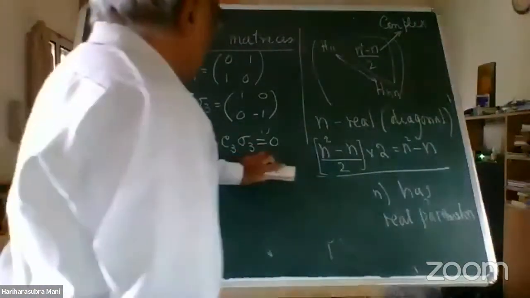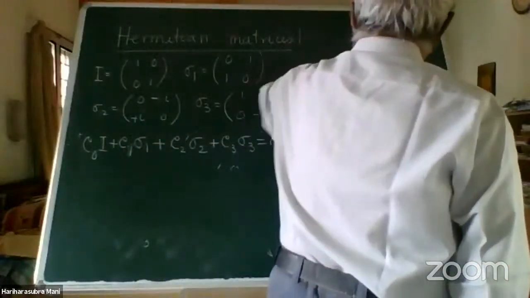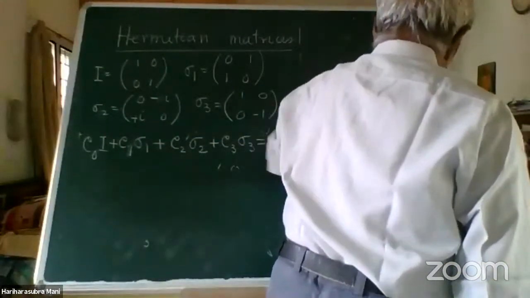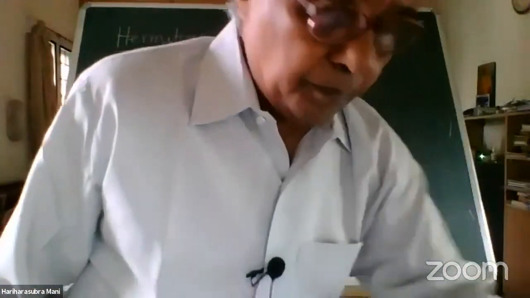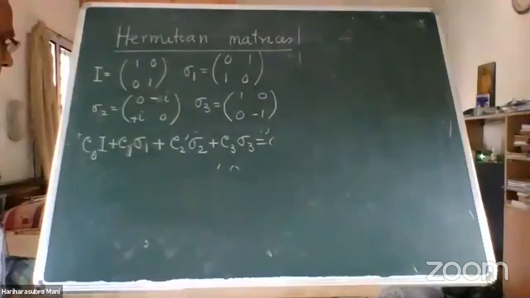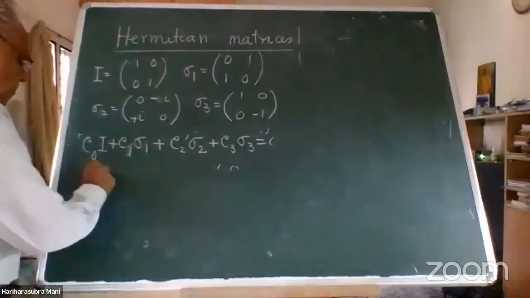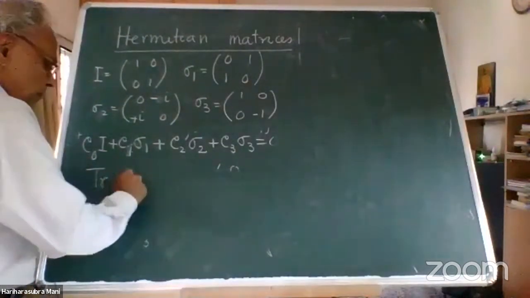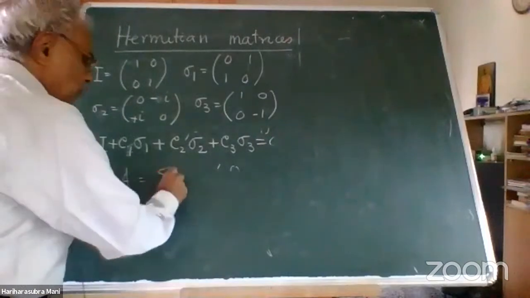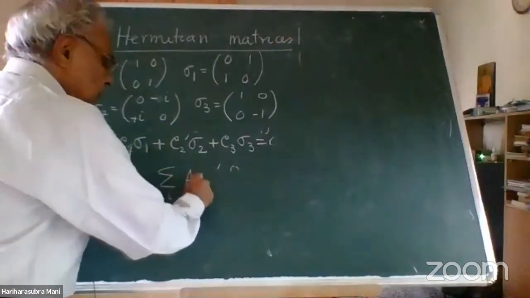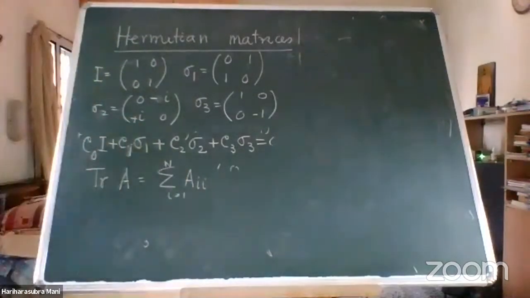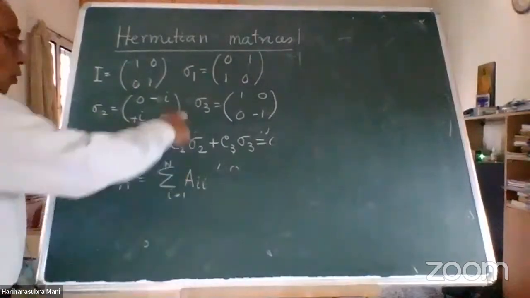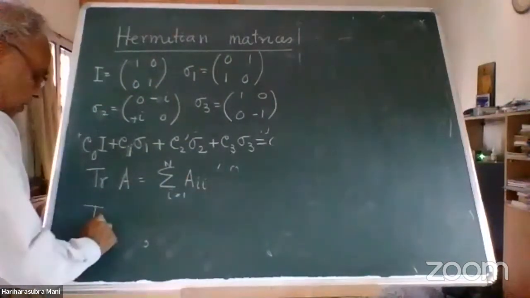Now, there are some very interesting properties of this, and let me explain that. The trace of a matrix A is equal to the sum of all its diagonal elements. You can check here, trace.